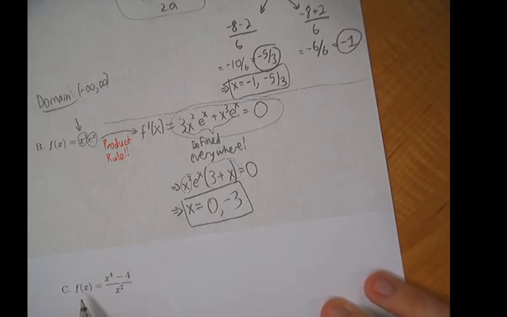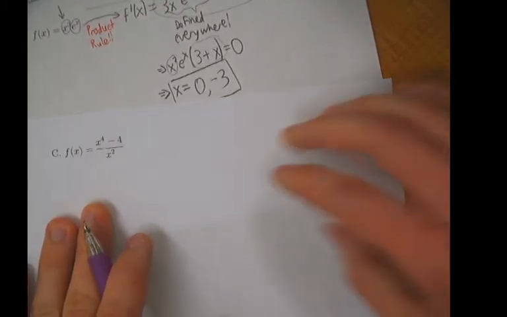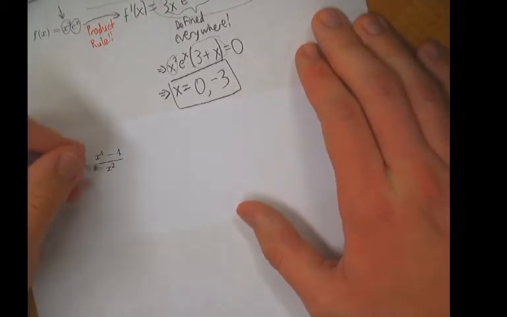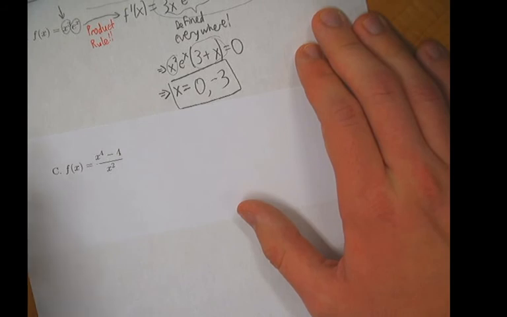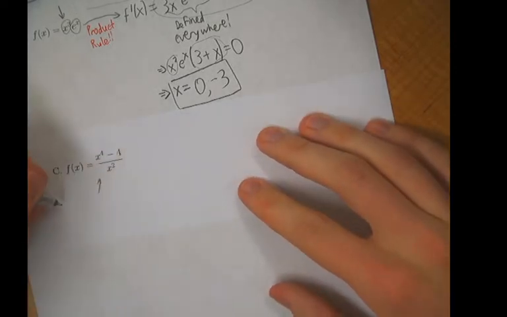Before we move on to part C properly by finding the derivative, there's a bit of a catch with this. Let's start by finding the domain of this thing. We have x to the fourth minus 4 over x squared. What would the domain be?